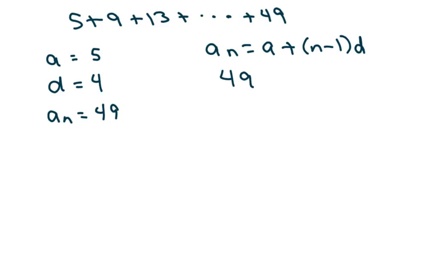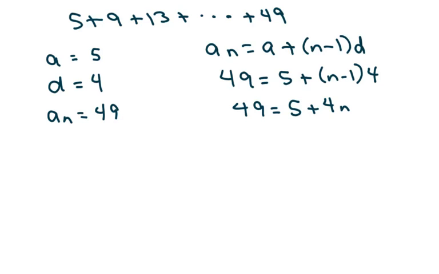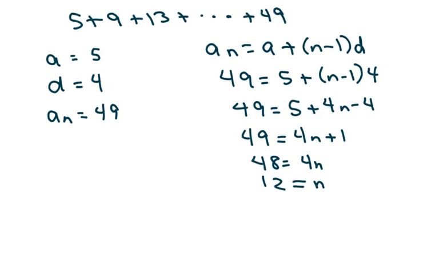So 49 equals 5 plus n minus 1 times 4. So 49 equals 5 plus 4n minus 4. 49 equals 4n plus 1. So 48 equals 4n. So n equals 12.